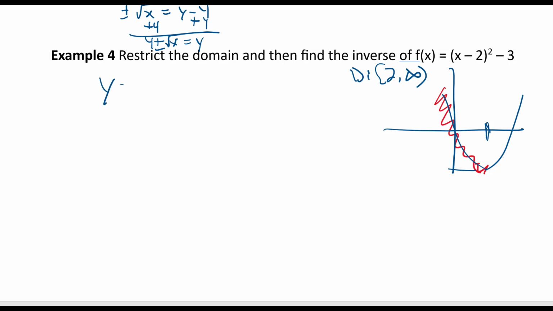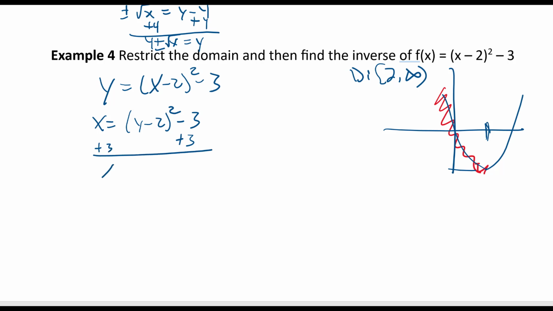So we'd have y equals x minus 2 squared minus 3. We swap the x and the y, so x equals y minus 2 squared minus 3. Then we add 3 to both sides, so x plus 3 equals y minus 2 squared. Then we take the square root of both sides.